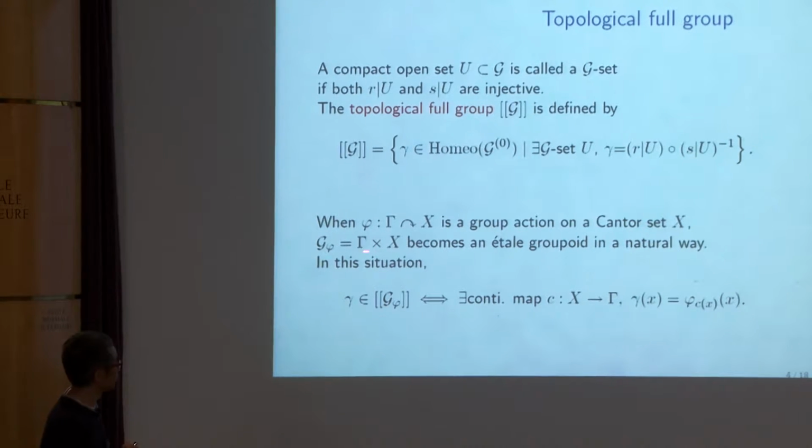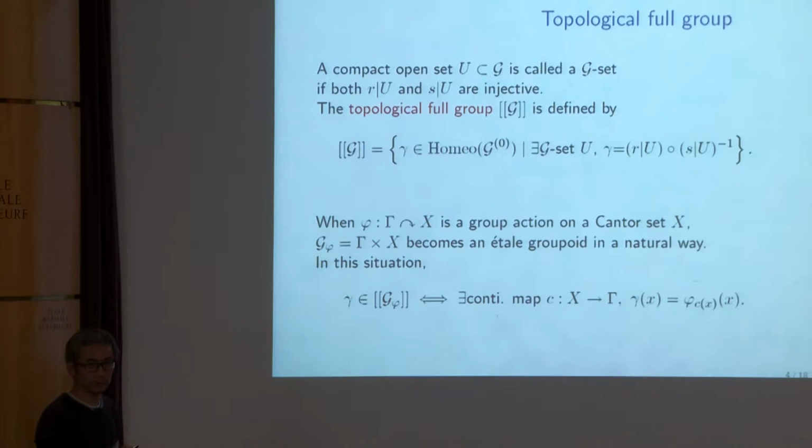Gamma is a discrete group, and X is a Cantor set. And then it has a natural groupoid structure. So I call this G sub phi, where phi is the name of this action. And this is a fundamental situation of the groupoid.